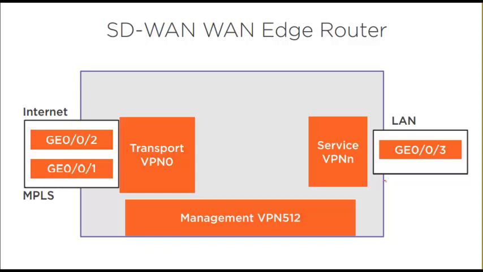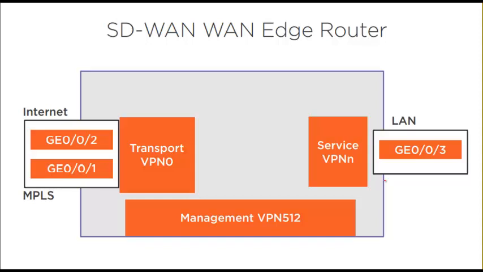Now, both these VPNs have got different roles. On the WAN edge, interfaces in VPN 0 are connected to the transport network like MPLS and internet. That's why we call it transport VPN. VPN 0 is known as transport VPN. You may have multiple transports.